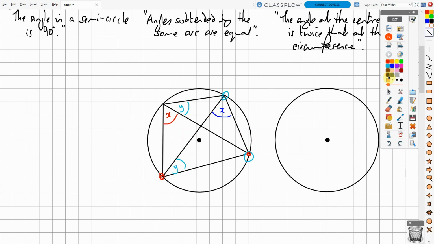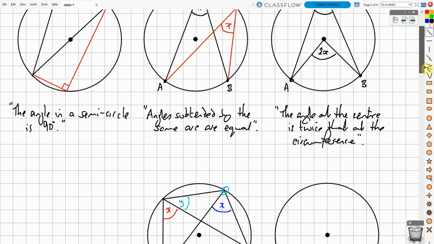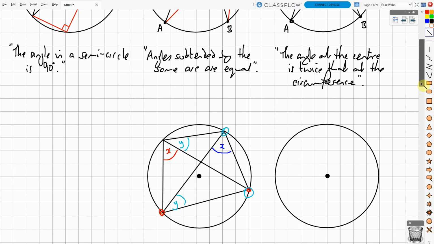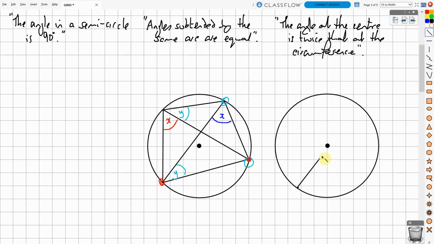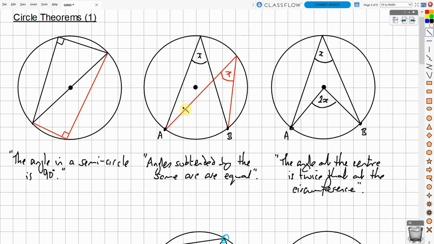We have the same sort of issue with this rule, the angle at the centre being twice that at the circumference. The arrowhead is quite distinctive. But watch what happens if we use the idea that these two angles are the same as each other.